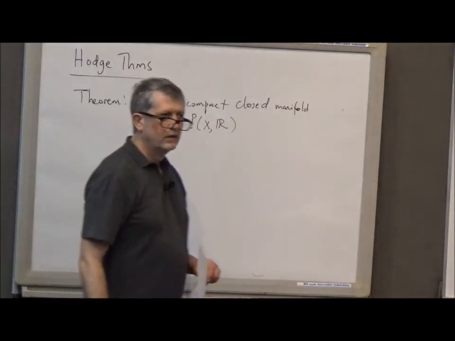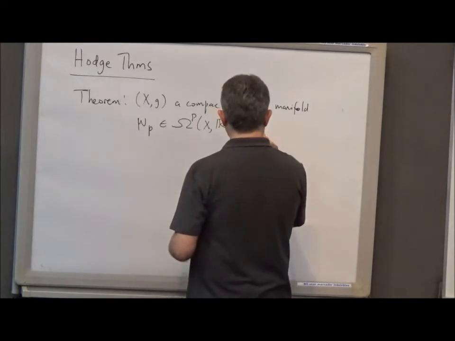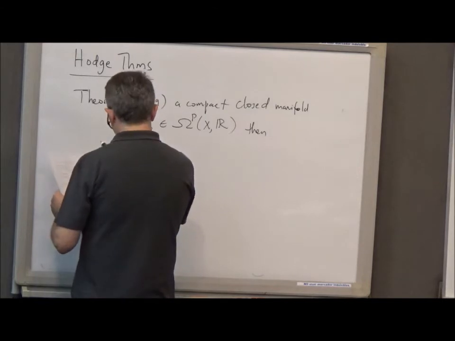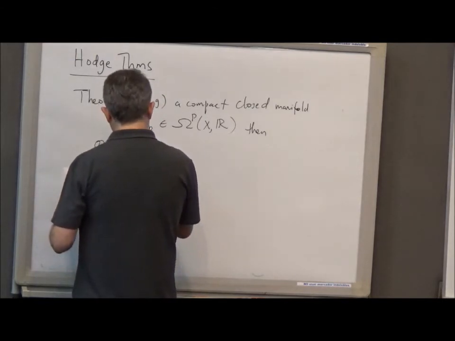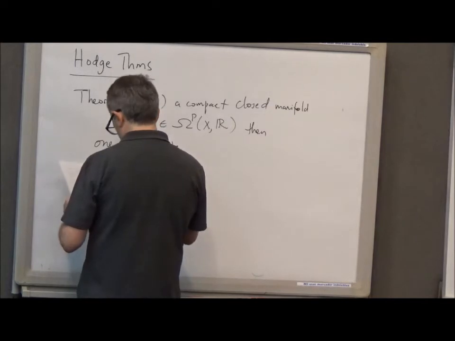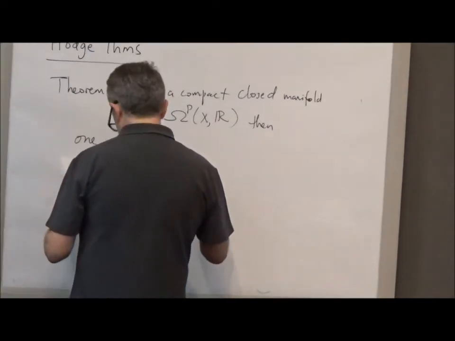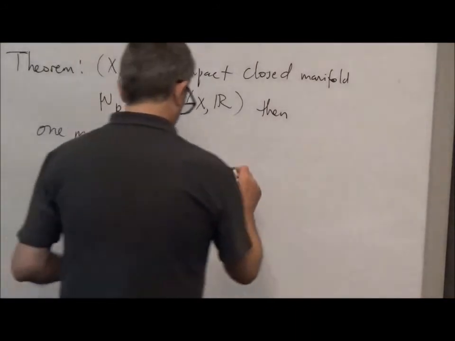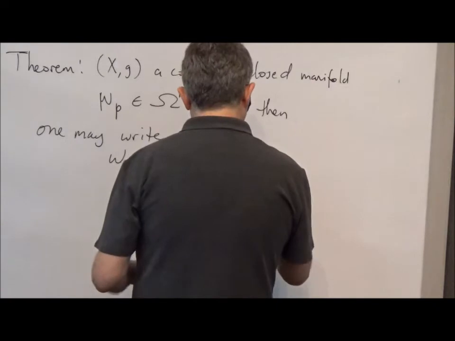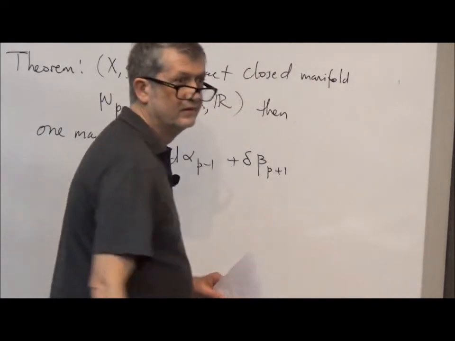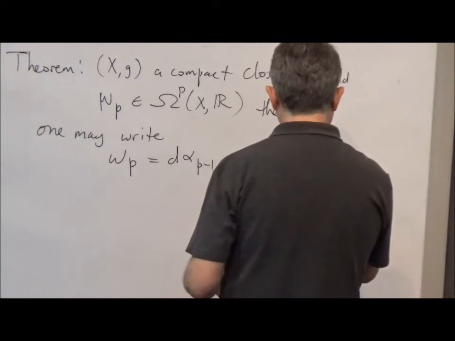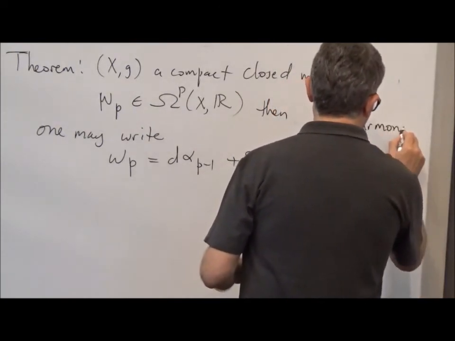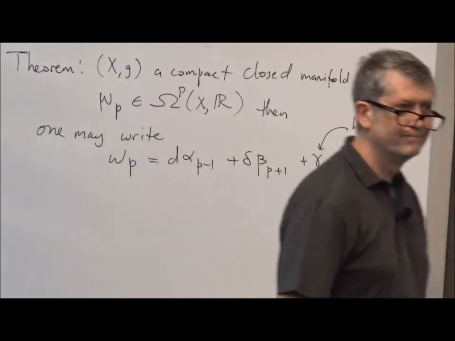Then omega p is the d of a form which must be of degree p minus 1, plus the delta of a form which is of degree p plus 1, plus a harmonic form of degree p.